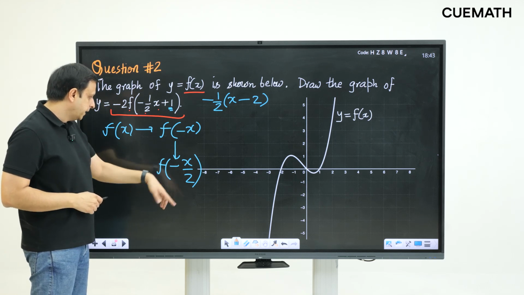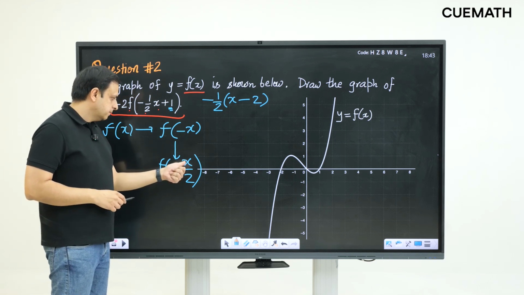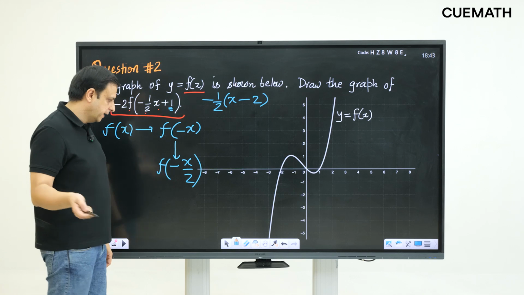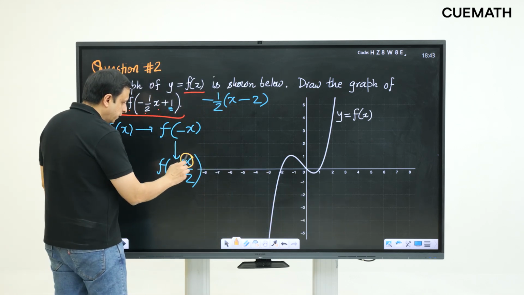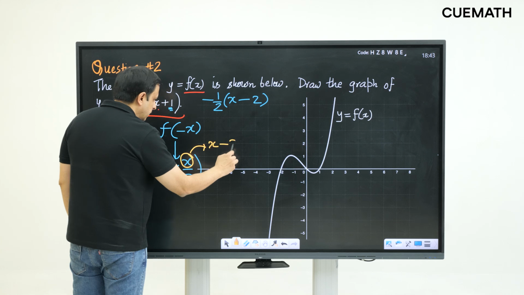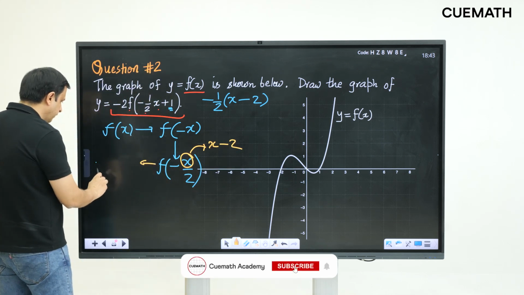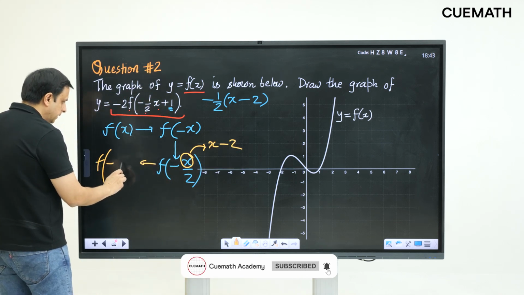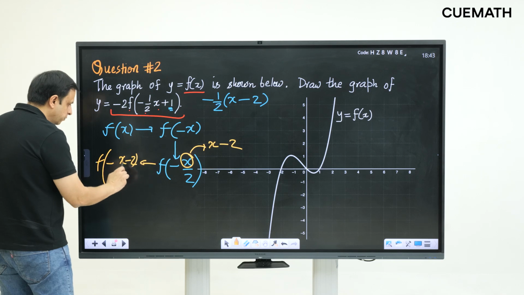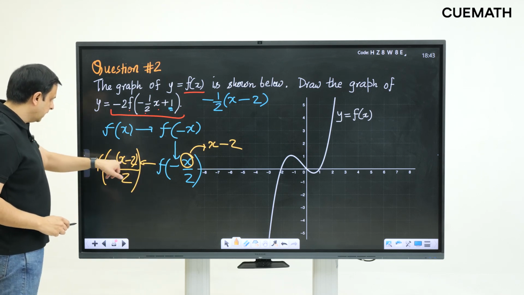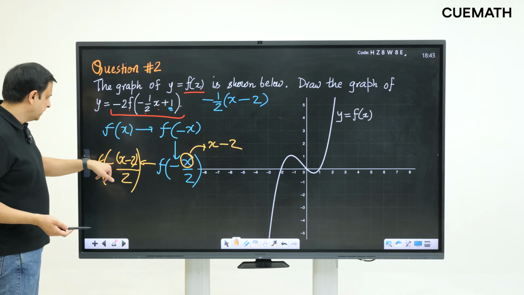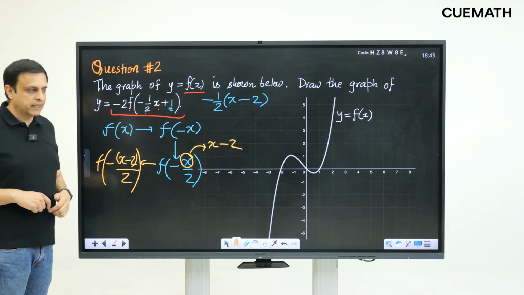Once I have f(-x/2), I can change x to x - 2, and that would be a delayed function by 2 units. So if I change x to x - 2, what I'll get in the next step is f of minus, instead of x I write x - 2, and then I have a 2 below, and if I open this bracket, I'll instantly get -½x + 1, which I need.